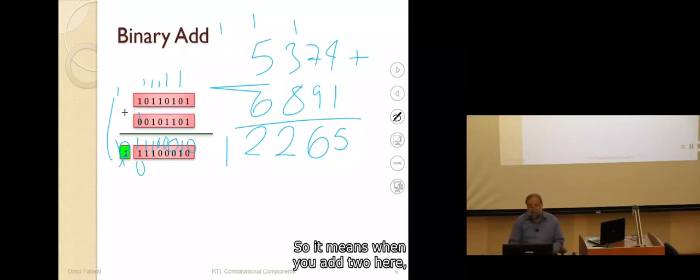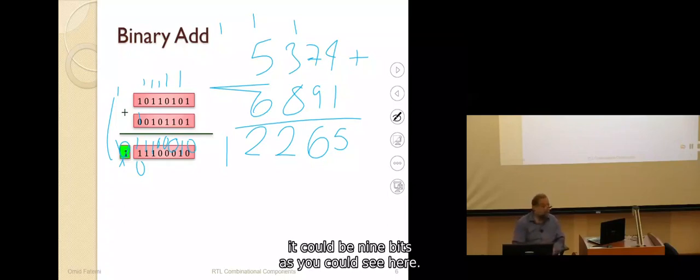So it means when you add 2 unsigned numbers together, how many bits are they? 1, 2, 3, 4, 5, 6, 7, 8. Adding 2 8-bit numbers together, the result could be larger than 8 bits.